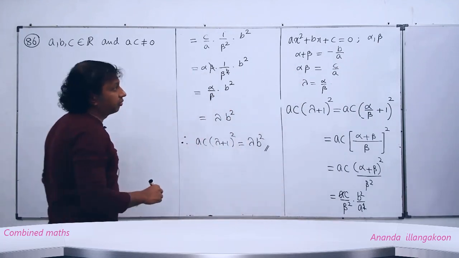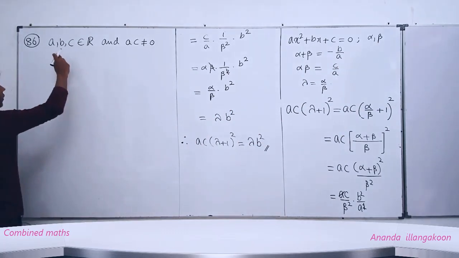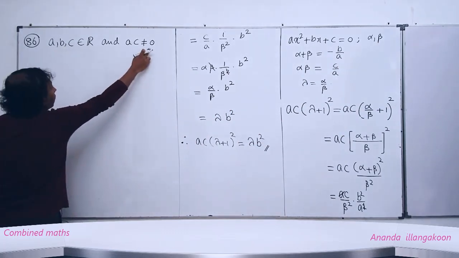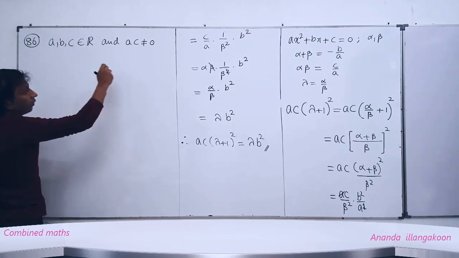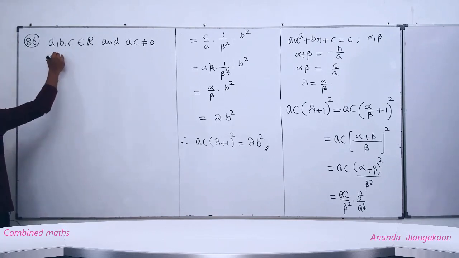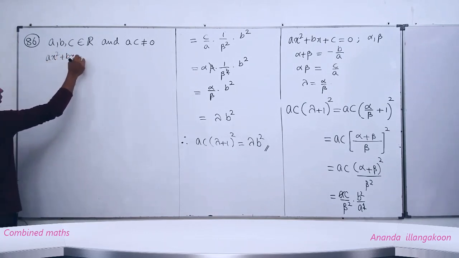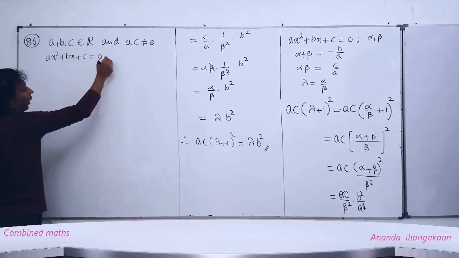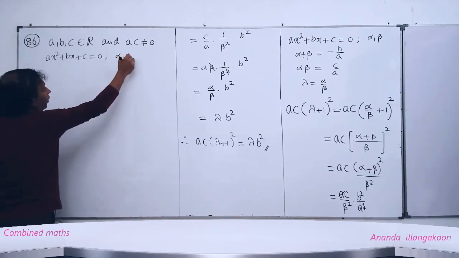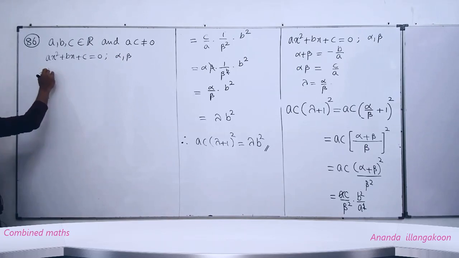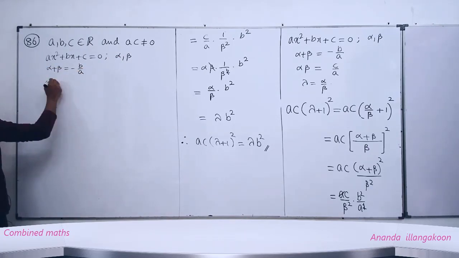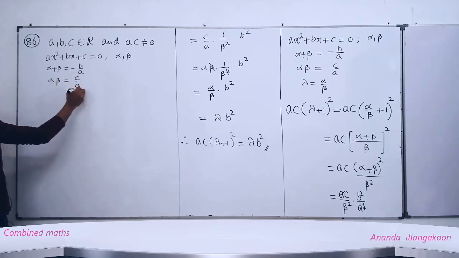So I summarize that like this: a, b, c are real numbers and ac is not equal to 0, subject to the condition that ax squared plus bx plus c equals 0 has the roots alpha, beta. Then we could write alpha plus beta equals minus b by a, alpha beta equals c by a, and lambda equals alpha upon beta.